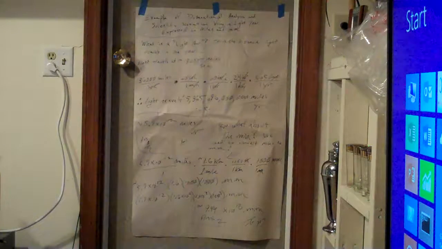And you basically have to almost stack the deck with the units to make it work. So this becomes 5.9 times 10 to the 12th miles. We arrived up here with that.